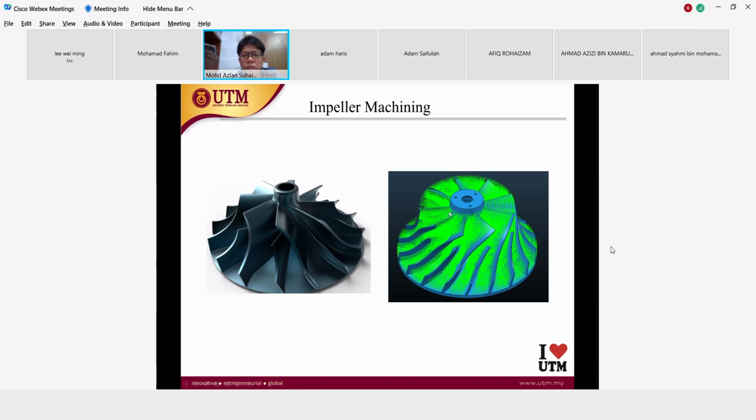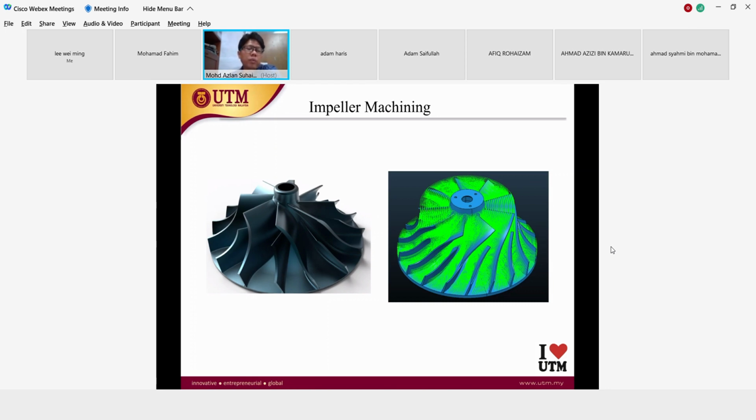If you look here, there are millions of coordinate point instructions for the tool to cut this impeller. That's why we need CAM software to generate it automatically.